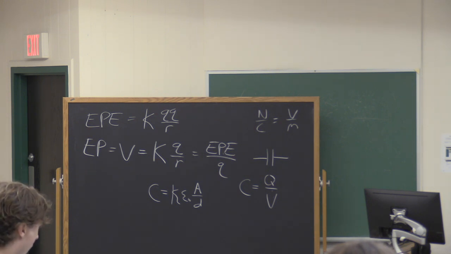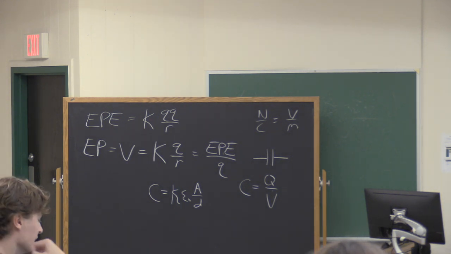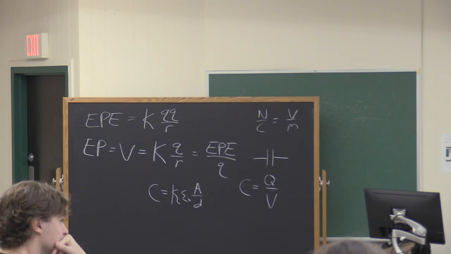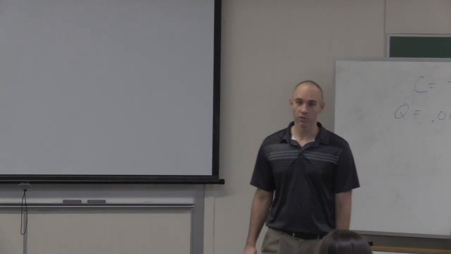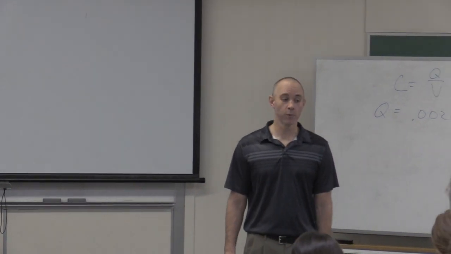Epsilon naught is a constant, the permittivity of free space, 8.85 times 10 to the negative 12 farads per meter. It is the ability for electric fields to move through empty space. So if there's no dielectric in the middle, then the kappa value is just 1 and you can use epsilon naught. A is the area of the plates in meters squared, and D is the distance between the plates in meters.